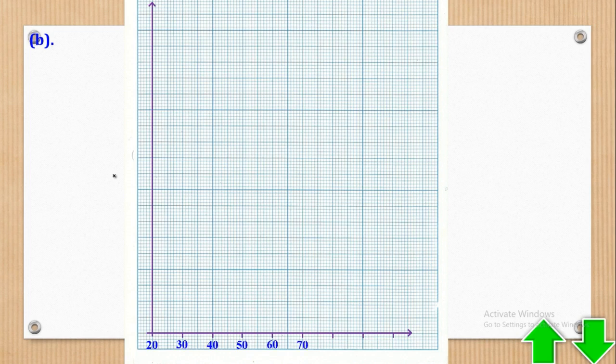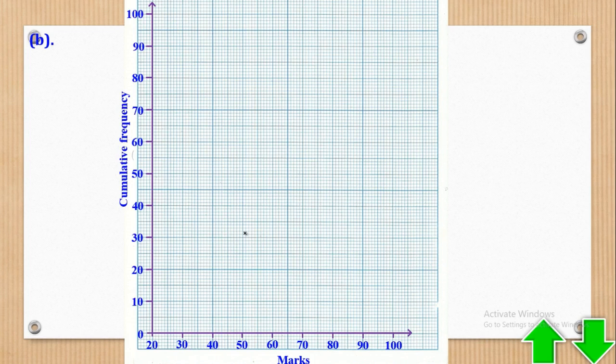Using a good scale, you put those values. And also for the vertical axis, using a good scale, you'll be able to get those values. And then you label the axes.